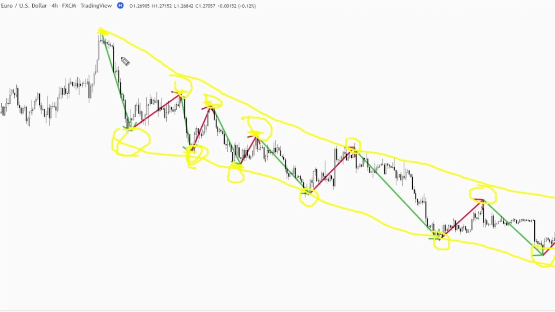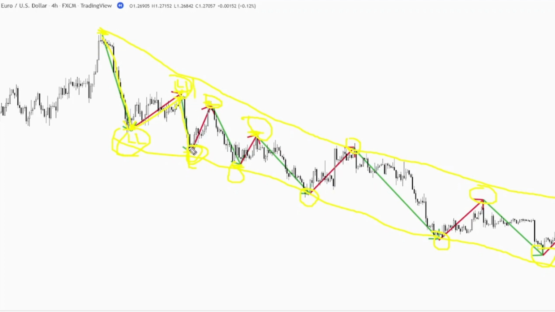Now when we are in a downtrend, we will have an impulse move that is going in the same direction as the trend, and this impulse move is responsible for creating lower lows. And we will also have a correction move that seems to be opposing the whole trend, and this correction move is the one responsible for creating lower highs on the upside.